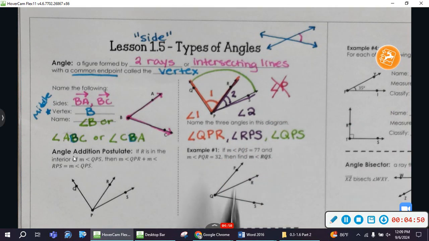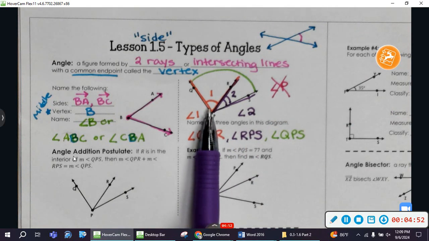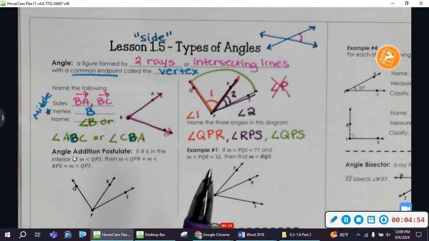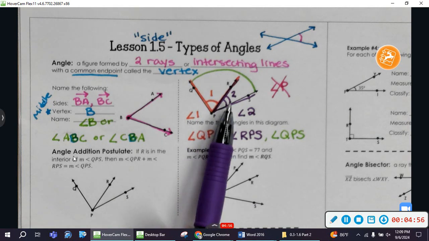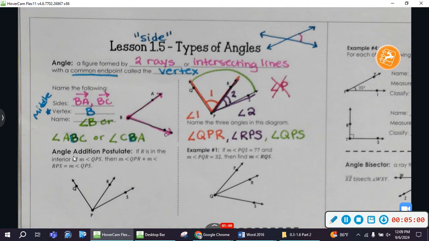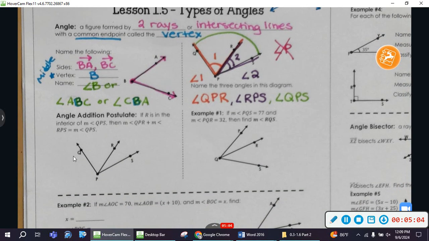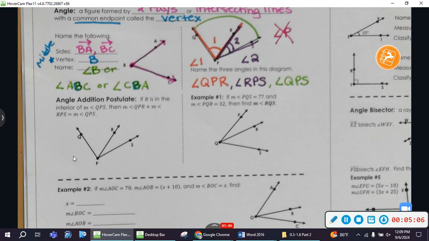Now, foreshadowing a little bit, remember we have tick marks for our segments. We can have tick marks for our angles. And these are what those tick marks are going to look like. It looks like a little arced symbol. So we had segments, the segment addition postulate. Well, now we have angles, so we have the angle addition postulate.